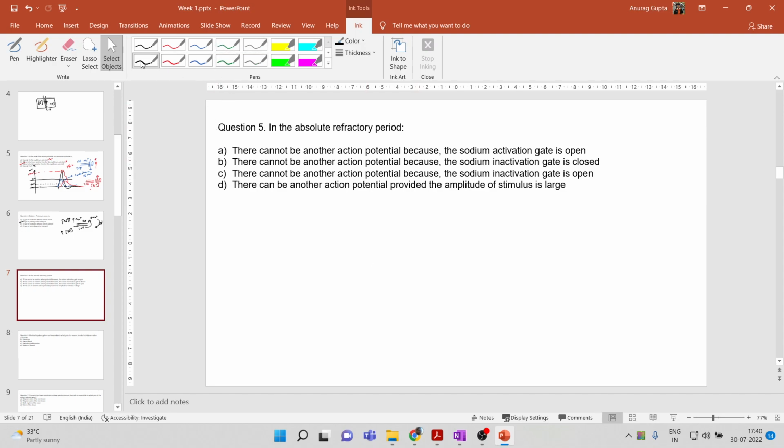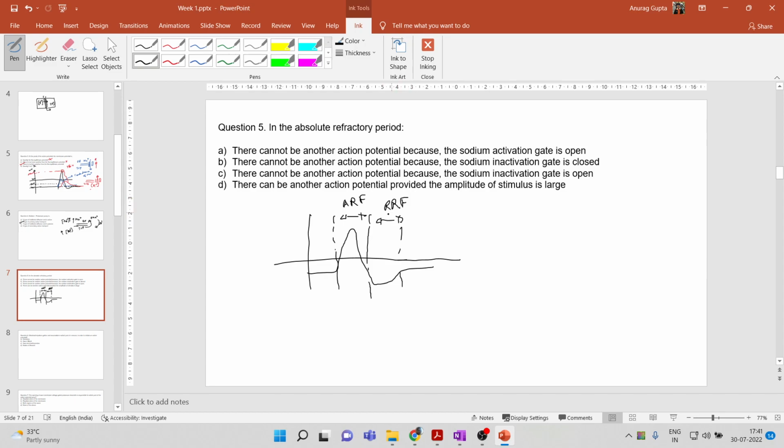So in the absolute refractory period, what you should remember is there are two refractory periods in the action potential. One is the absolute refractory period, and this is the relative refractory period.